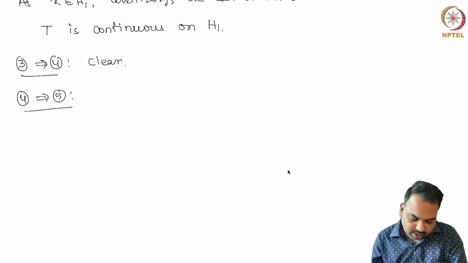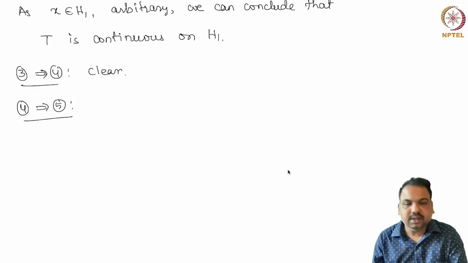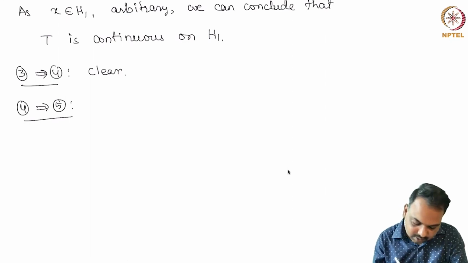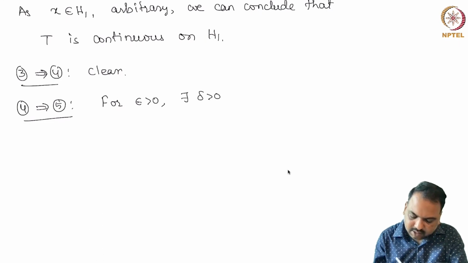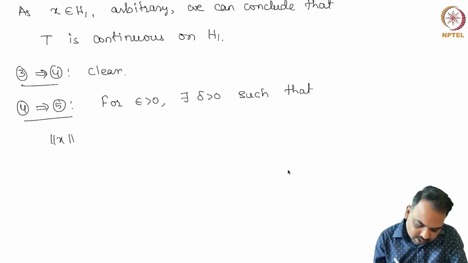Okay, so since T is continuous at 0, for epsilon positive, there exists delta bigger than 0, such that whenever the norm of x is less than delta, it implies the norm of Tx is less than epsilon.